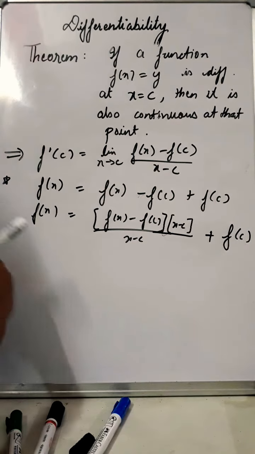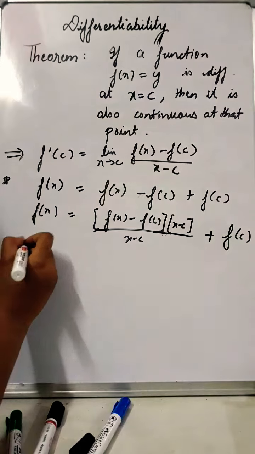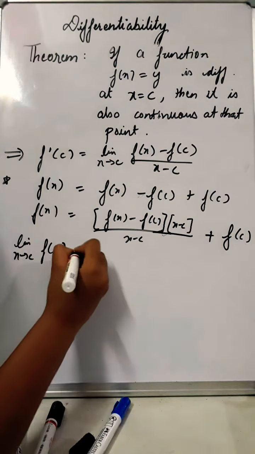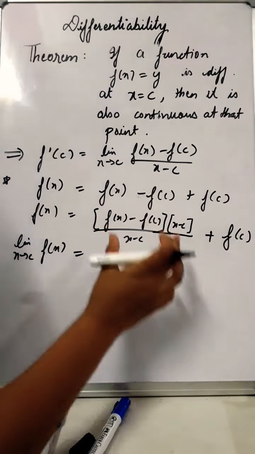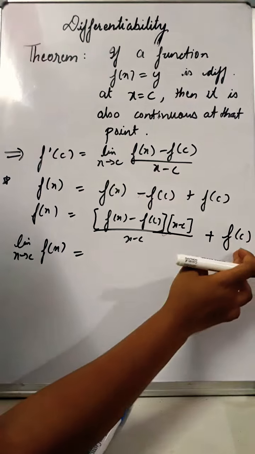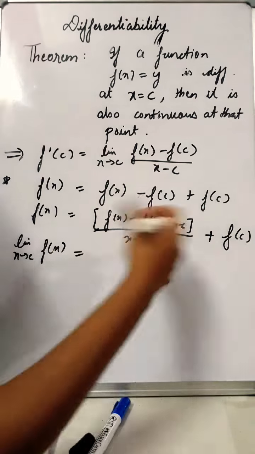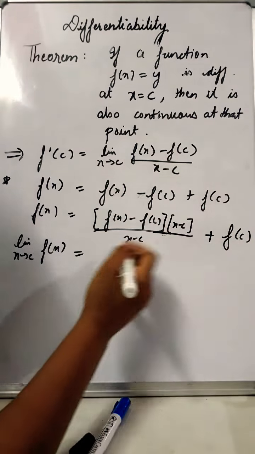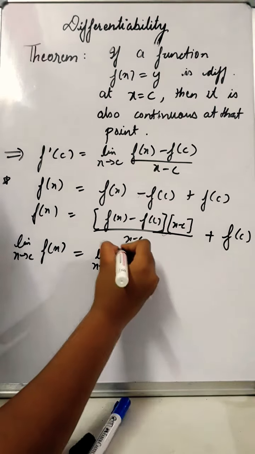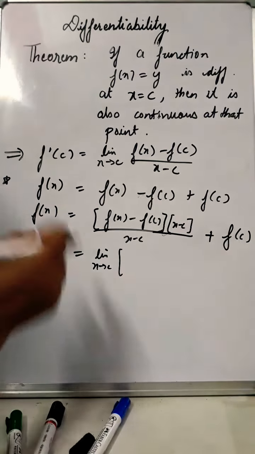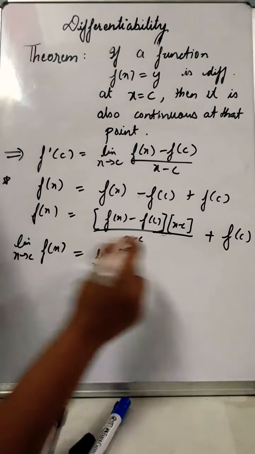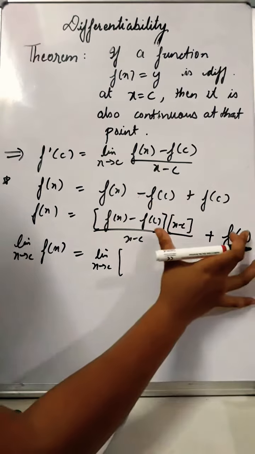Now, we will apply limit x tends to c on both sides. Limit x tends to c f of x is equal to, now you see, these are two functions, suppose g of x and h of x. So we will separately apply the limit. Limit can be split, right? So this gives limit x tends to c f of x is equal to the limit of the whole expression.